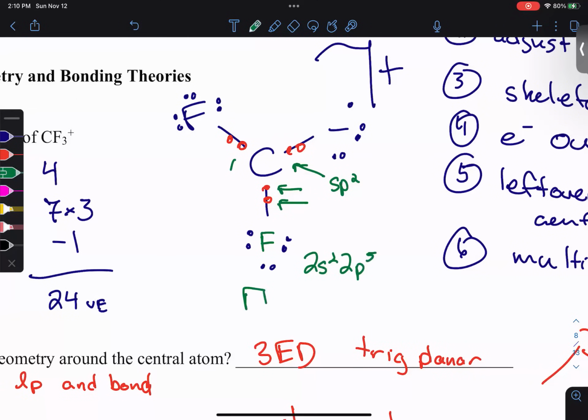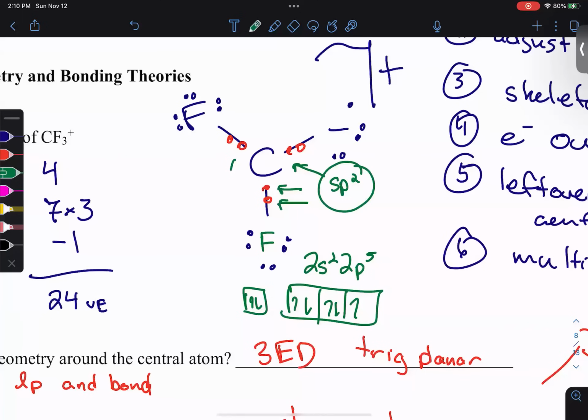If you draw that out, we can clearly see where that unpaired electron is and what its shape is, because valence bond theory says unpaired electrons have to overlap in space. One of the electrons is in an sp2 hybrid orbital on carbon, but on fluorine, what kind of orbital is it in? Where's that unpaired electron? It's in a p orbital.